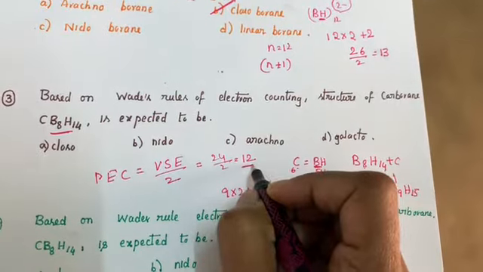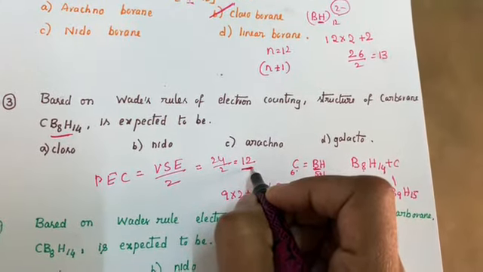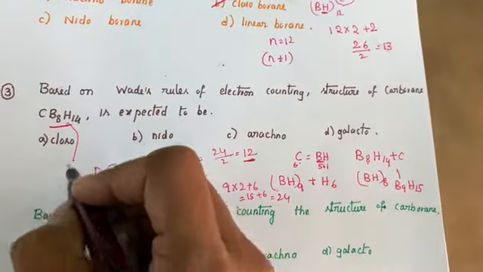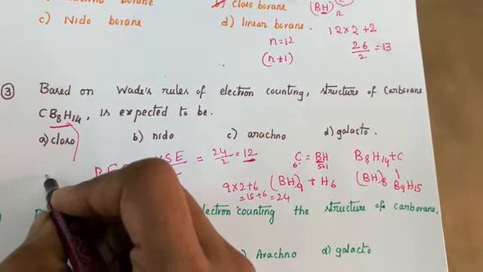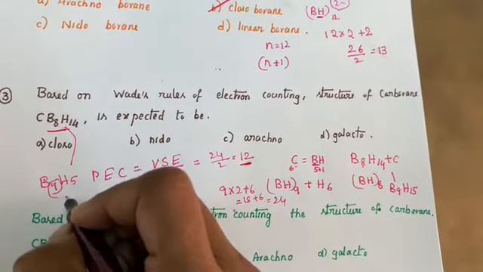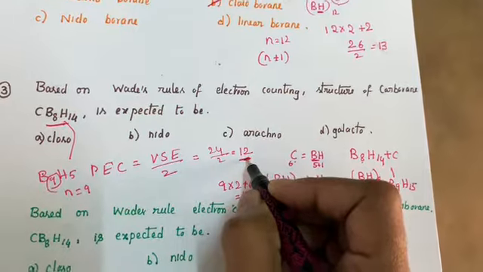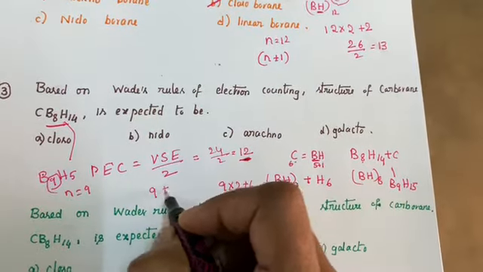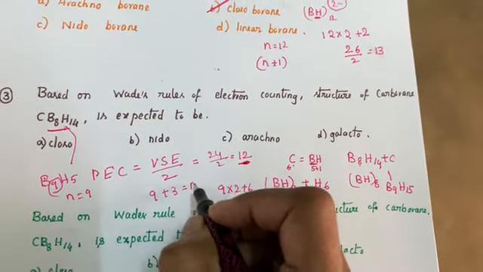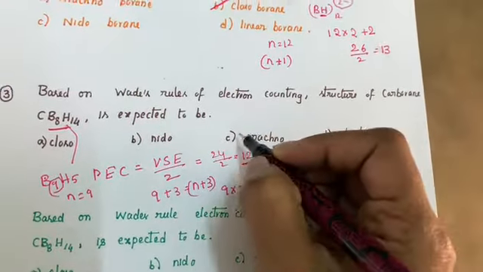So here the overall value is coming as 12. But actually the n value, since C is isoelectronic with BH and I am writing B9H15, is 9. But here we are getting 12. So that means 9 plus 3 is 12. So it obeys the n plus 3 rule. So the compound is said to be Arachno.